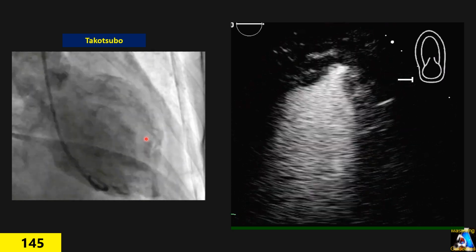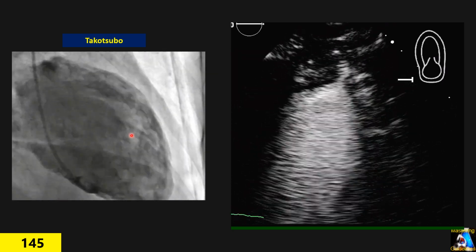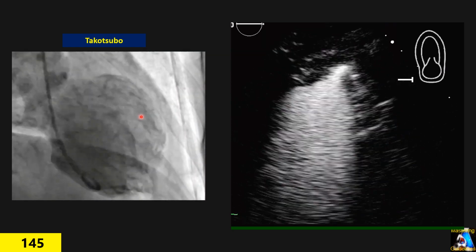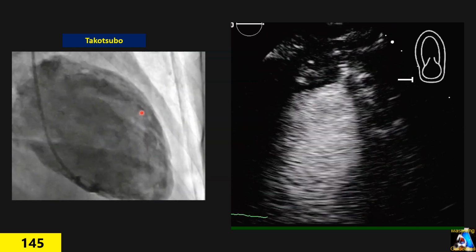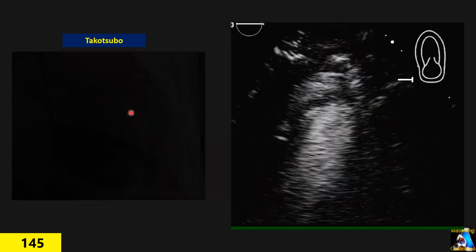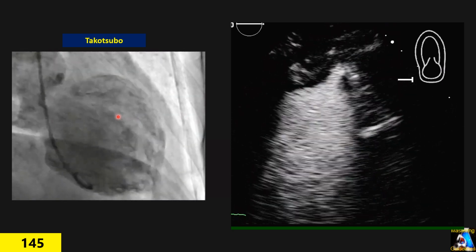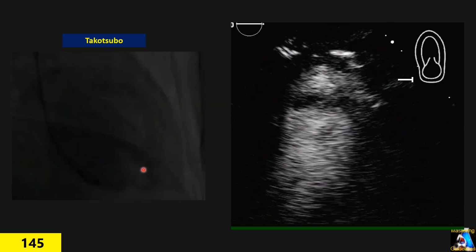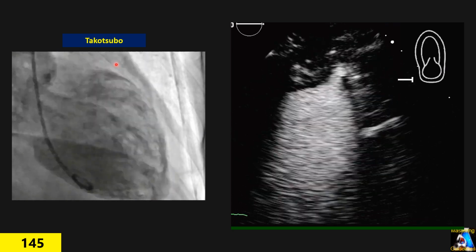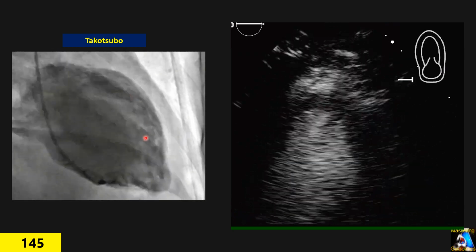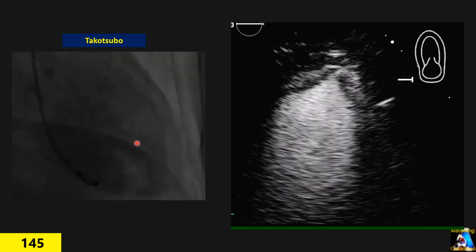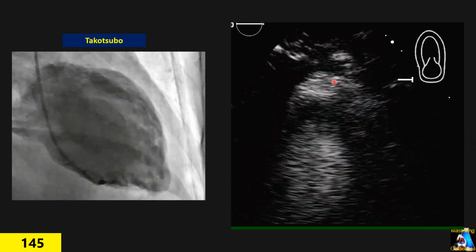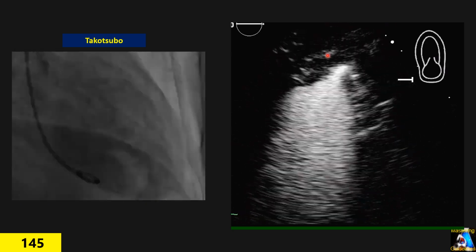But the problem with the ventriculogram is that we cannot see the territory, shape and size of the myocardium and the continuity of the myocardium. Ventriculogram only detects the territory of the endocardium, the inside of the left ventricle cavity. You cannot appreciate the structure of the myocardium. If you look at the case, you can see the contrast has filled this area.